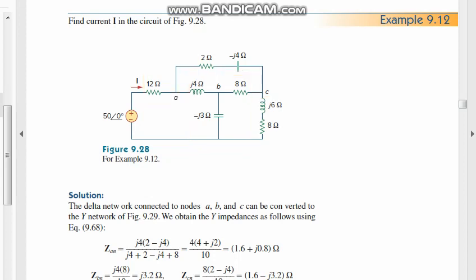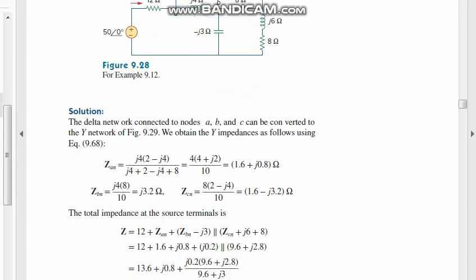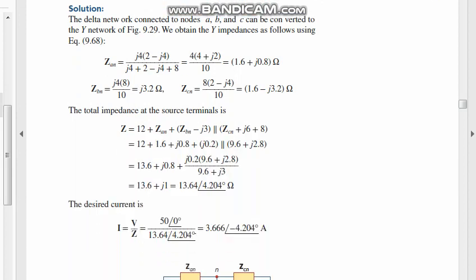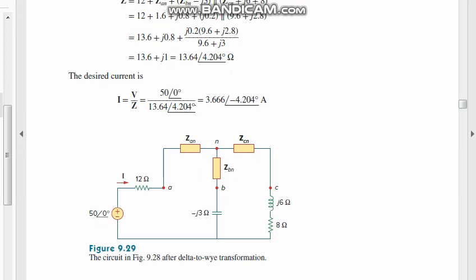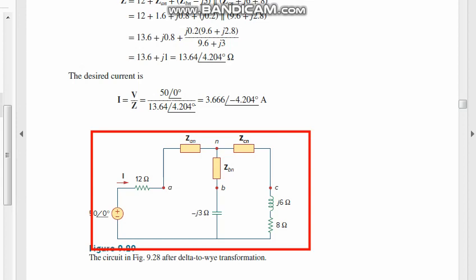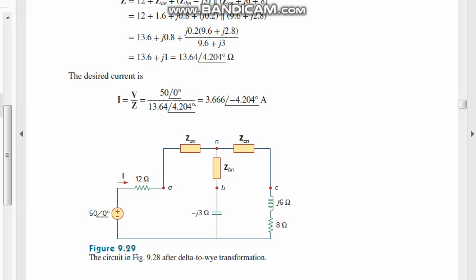Then you can easily calculate the total impedance, and the desired current will be this, and your equivalent circuit is here. It's an equivalent circuit. And 50 degree, how do you calculate this?